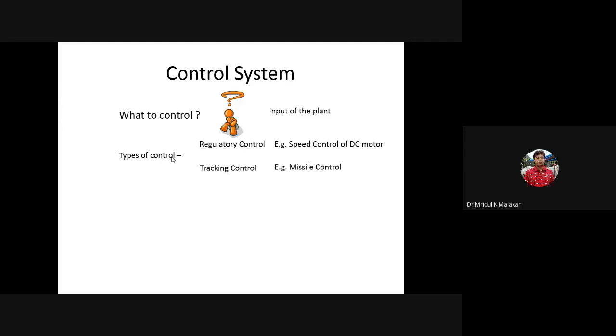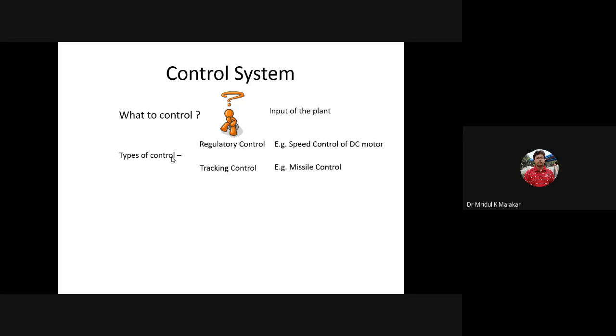It will calculate the error from the target point and always try to reduce the error. Once the error is zero, near the target point, it will blast the whole aircraft or whatever the target is. So this is called tracking control.